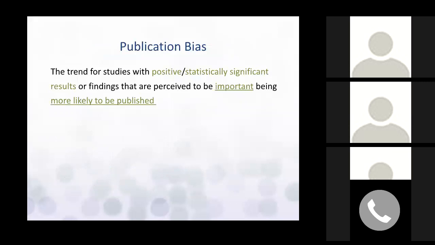So say you did a study and you found that nothing happened, that there were no statistically different changes, that there was no effect, people don't really publish those because it's not seen as something important or something that's high impact. So there is something to take into account in understanding that these biases exist in the literature and how you might try and account for them.